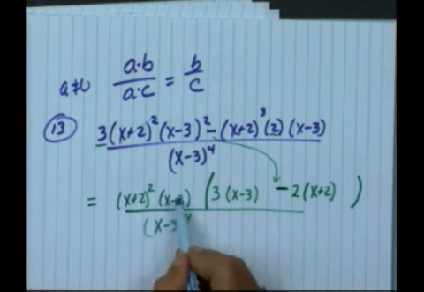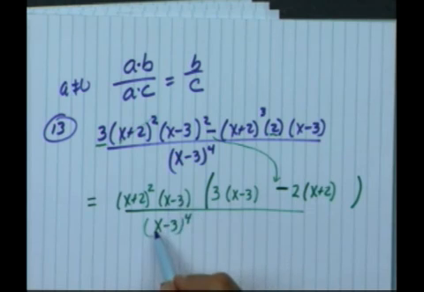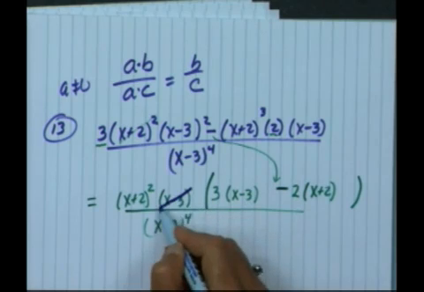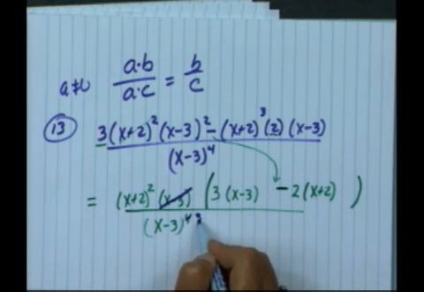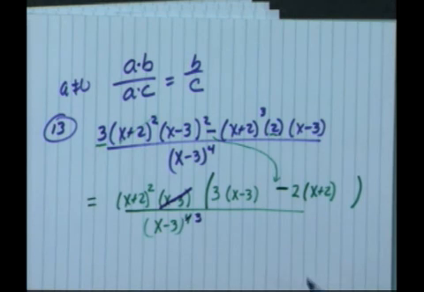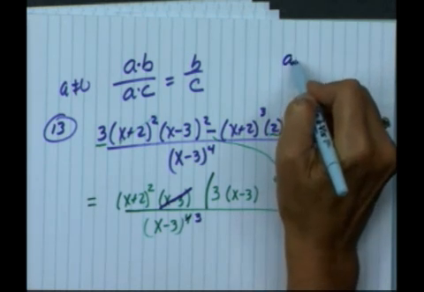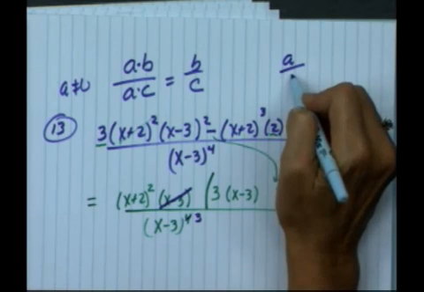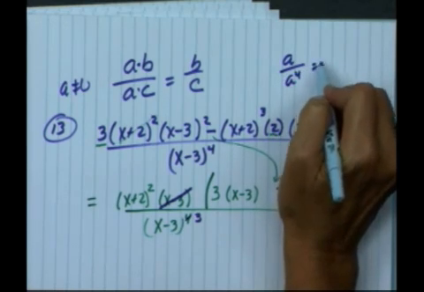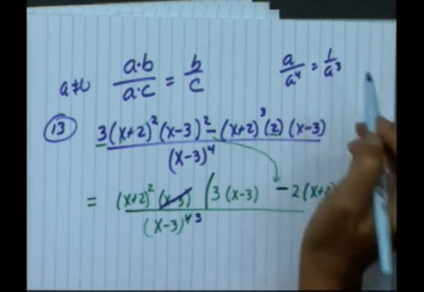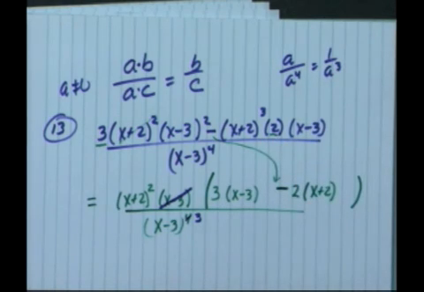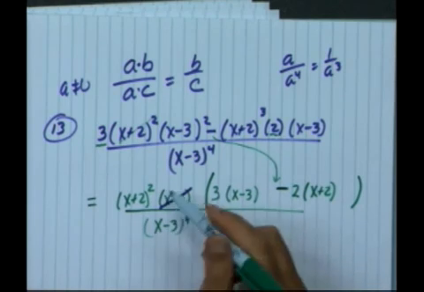This is all multiplied. How about that x minus 3 over (x minus 3) to the 4th? One of those is going to divide out, right? When you have a over a to the 4th, that ends up with 1 over a cubed.